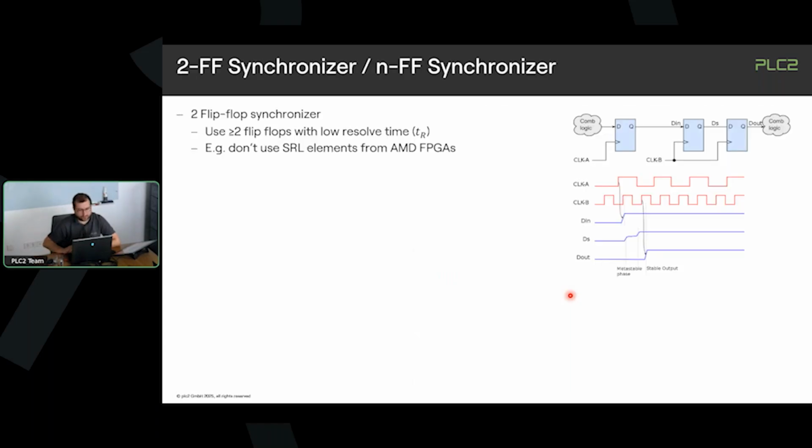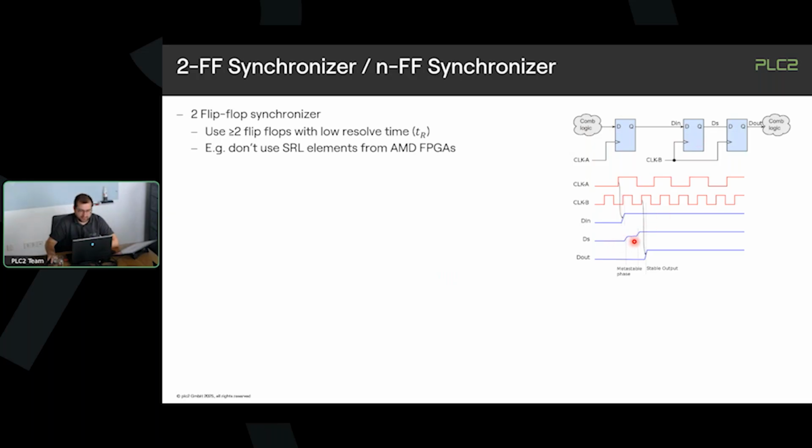So how can we now try to solve this? The common approach is a 2 flip-flop synchronizer, or to be more generic, an n flip-flop synchronizer. So we have at least 2 flip-flops that try to resolve our problem. Coming from some computation, we need to have one output flip-flop in the old clock domain, and in the new clock domain there's a first flip-flop that might get metastable.